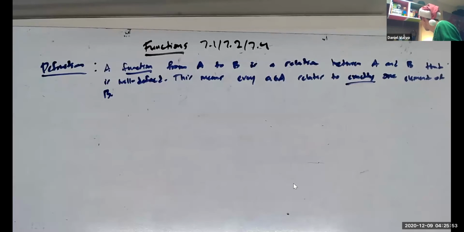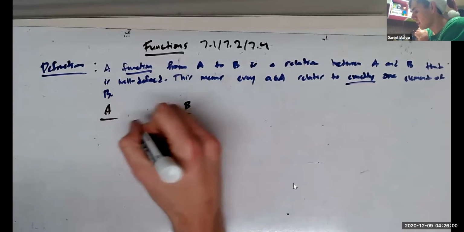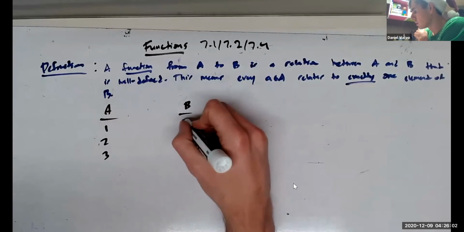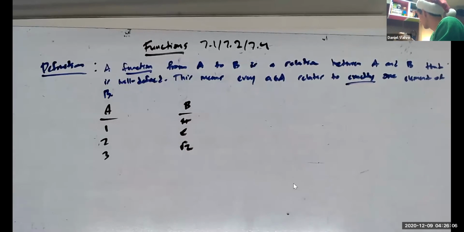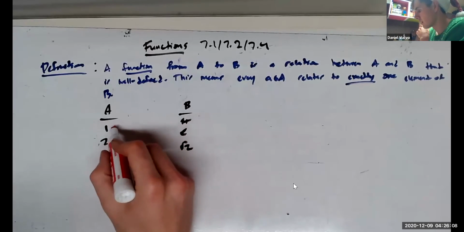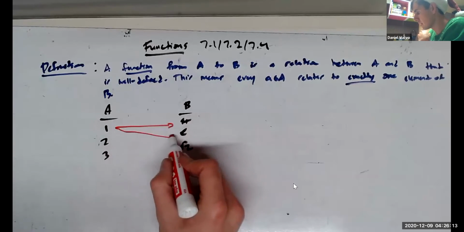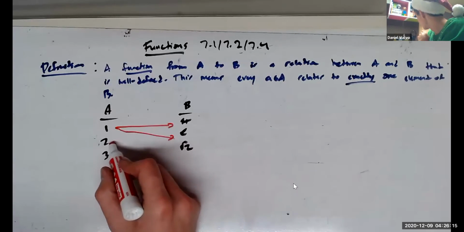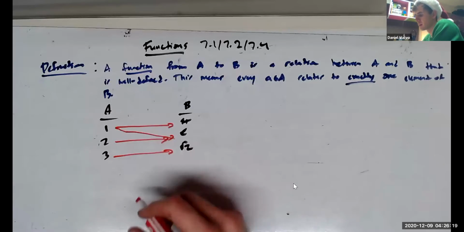Where's my example sheet? Here it is. So if we have A here and B here, let's say we have 1, 2, 3, pi/e, e, and the square root of 2. And we go like this. So 1 goes to pi and it relates to e. And then 2 goes to e and 3 goes to the square root of 2.